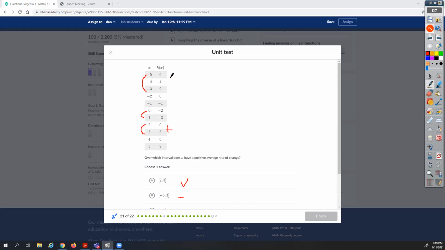Does it have a positive or negative rate? Negative. And let's look at the last one, -3 to 1. We go from -3 to 1. Negative. Should be the first one, unless I'm wrong.